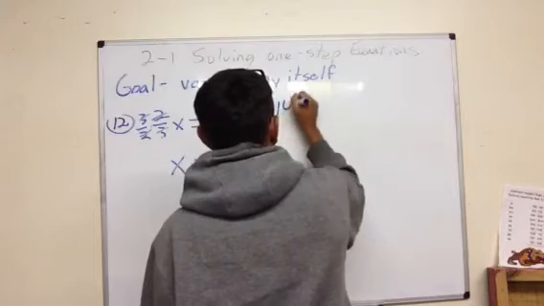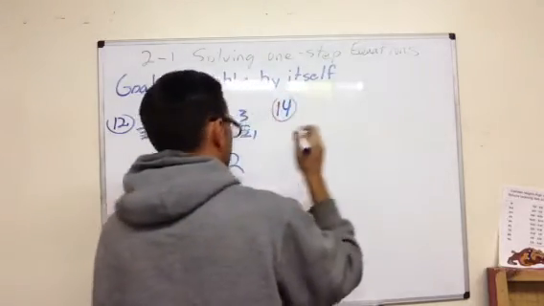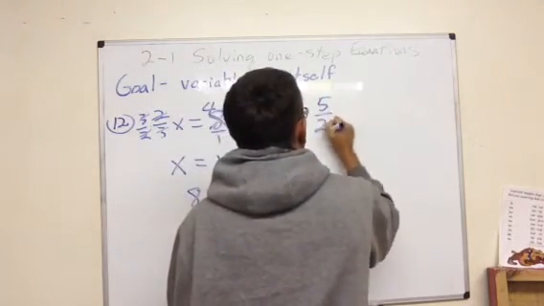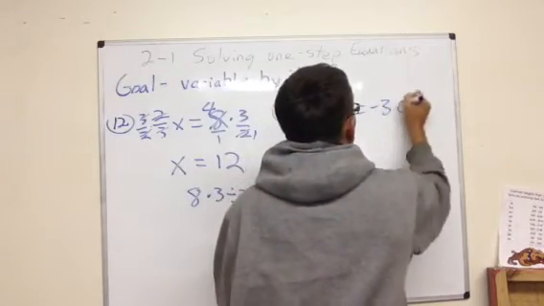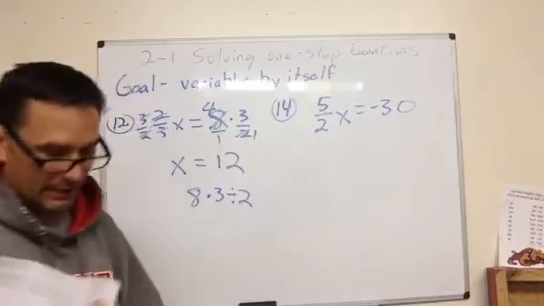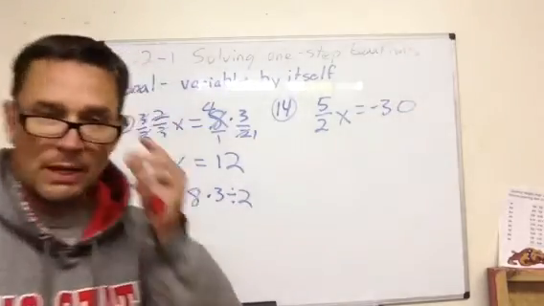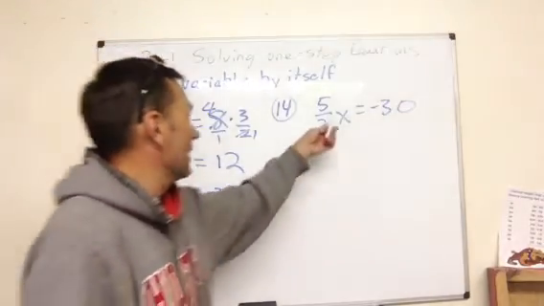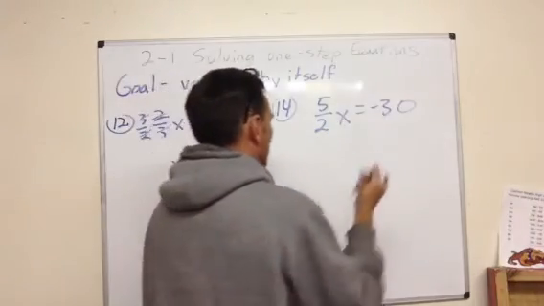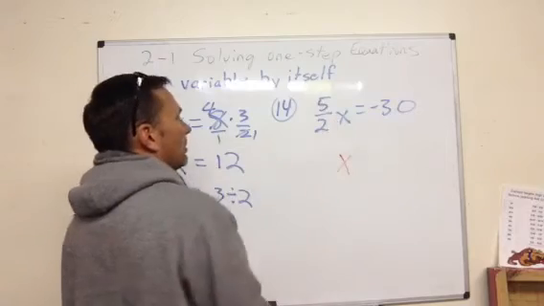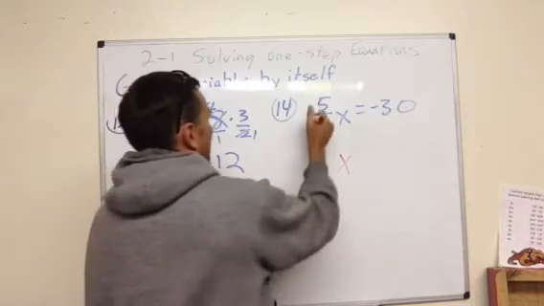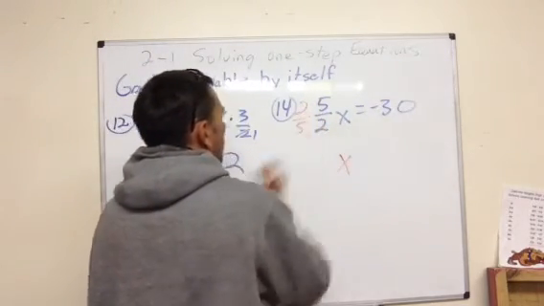And then the last problem we're going to cover here. Number 14. 5 halves x equals negative 30. Now think about it. What number do you want to multiply by in order to get this just down to x? What's the reciprocal of 5 over 2? It is 2 over 5.